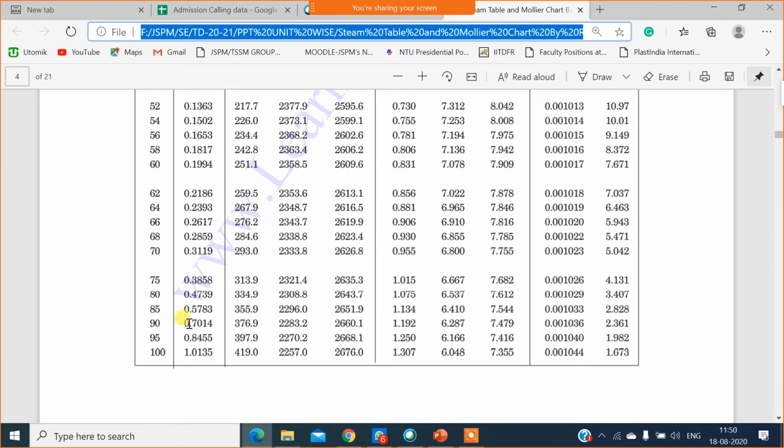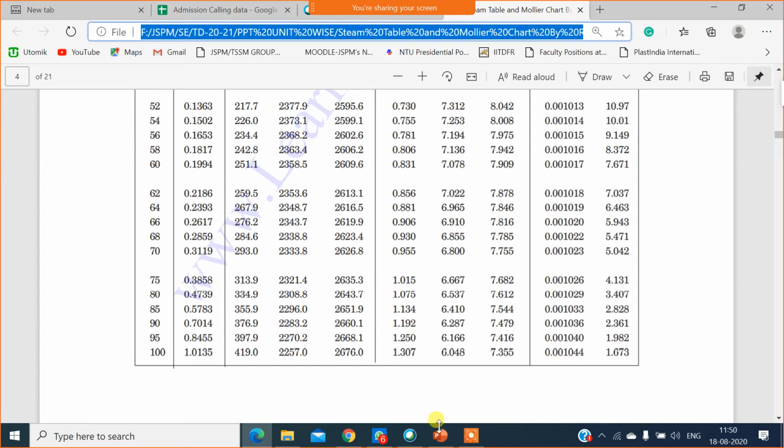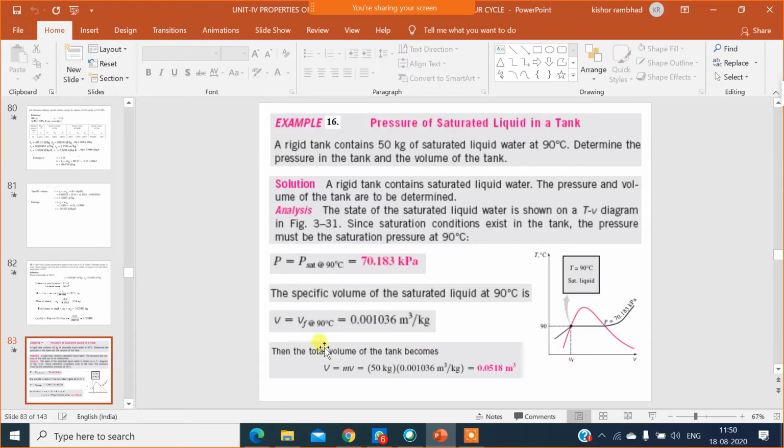For 90 degrees Celsius, corresponding pressure is 0.7014 and VF is 0.001036. Look at here. Pressure is 0.70183. It is given in kilopascal and in steam table it is given in bar. Therefore, VF is 0.001036.